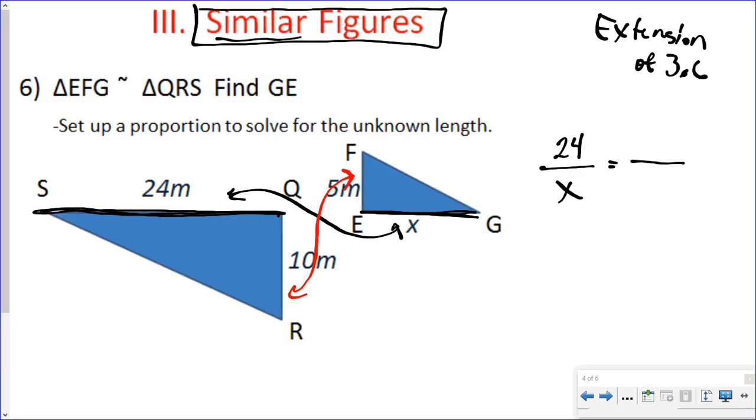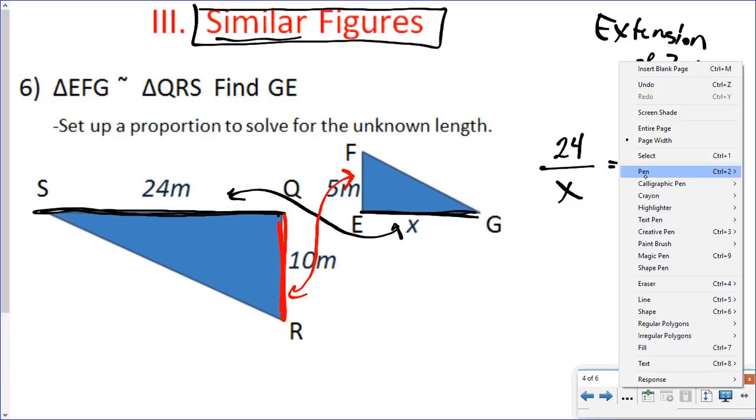So the corresponding sides here, the longer side, or the bigger triangle side is 10. And then for the smaller triangle, that corresponding or matching side is 5. So now I have a proportion set up, and I can go ahead and solve.